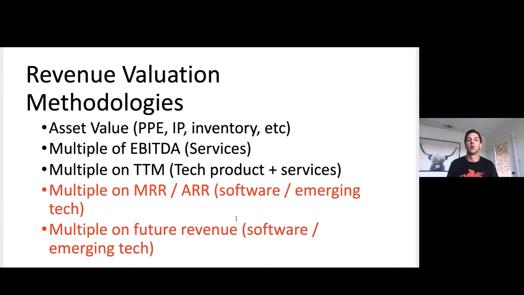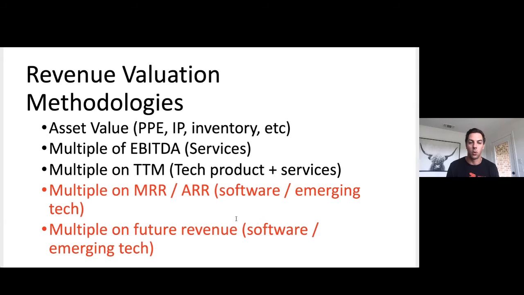Because they're inherently more scalable than services businesses, they will use a different figure, oftentimes trailing 12-month revenue. And that's particularly true for something that we might call tech-enabled. It really has a heavy services component, but a very unique method to scale those services via technology.